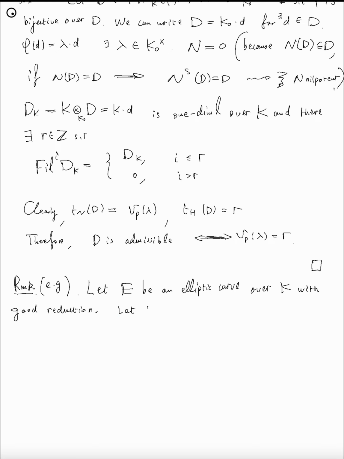Let D be the filtered phi module over K associated to E, with its natural Frobenius.